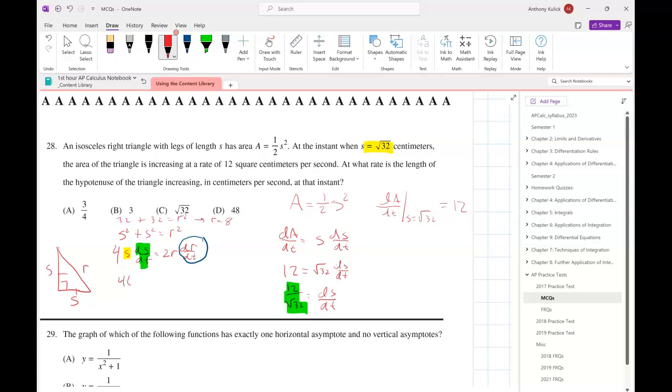So we have 4 times root 32 times 12 over root 32, divided by 2 times 8. It goes all the way down to 3.